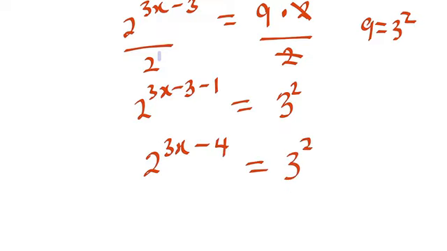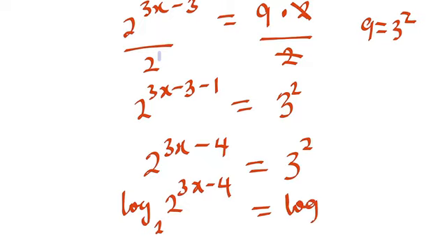Now from here, the next thing we're going to do is introduce logarithm to both sides of the equation. So I'm going to introduce logarithm with respect to base 2: log base 2 of 2 to the power of 3x minus 4 equals log base 2 of 3 to the power of 2.